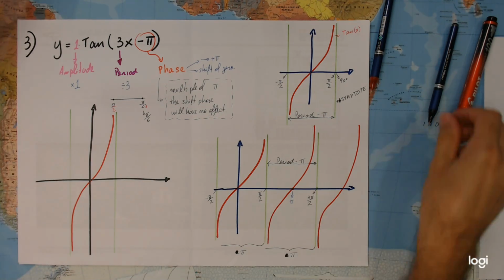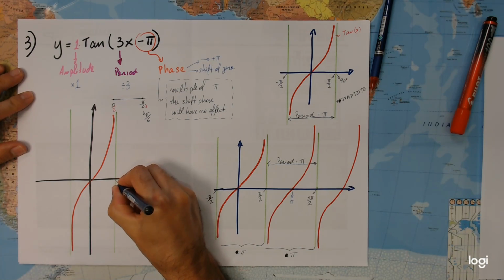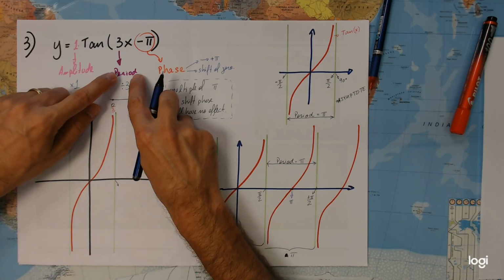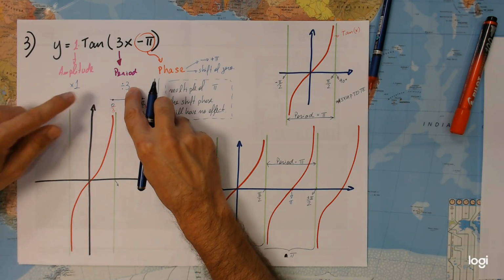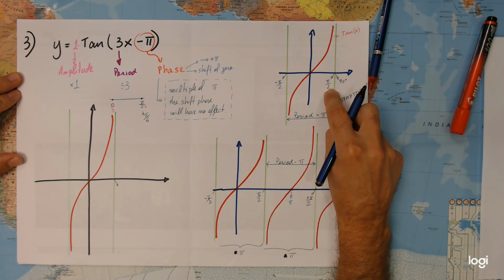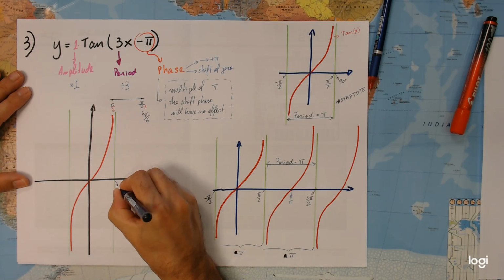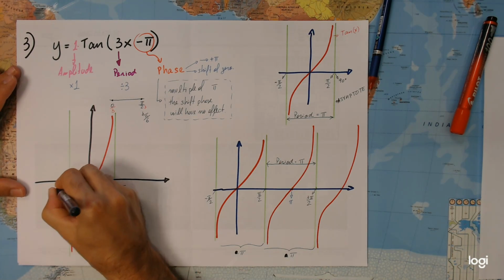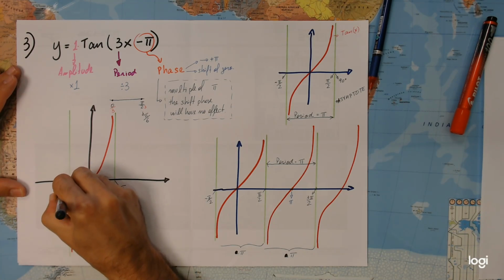Now we are going to stop at 1/3, right? Because we are reducing the period by 3 times. We are dividing by 3. Instead of pi over 2, it is going to be 1/3 of that. And this is going to be pi over 6. And again, this is going to be minus pi over 6.